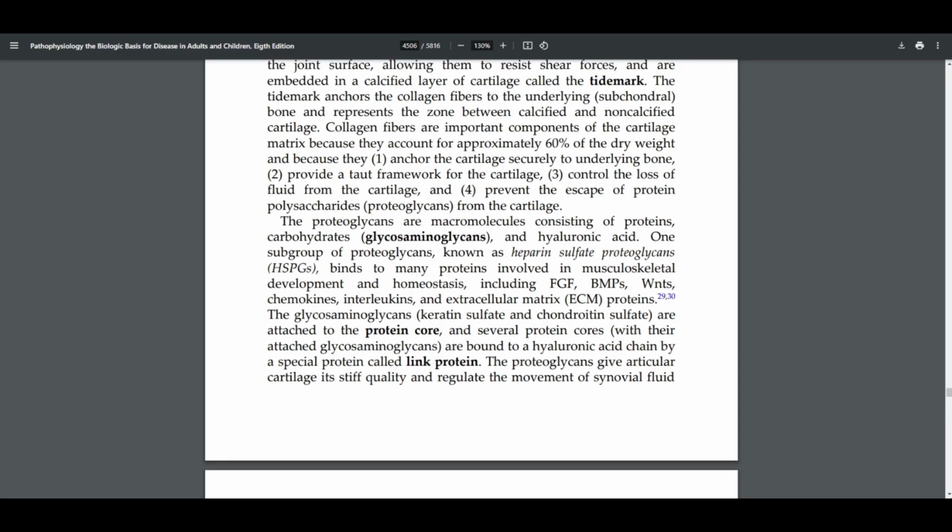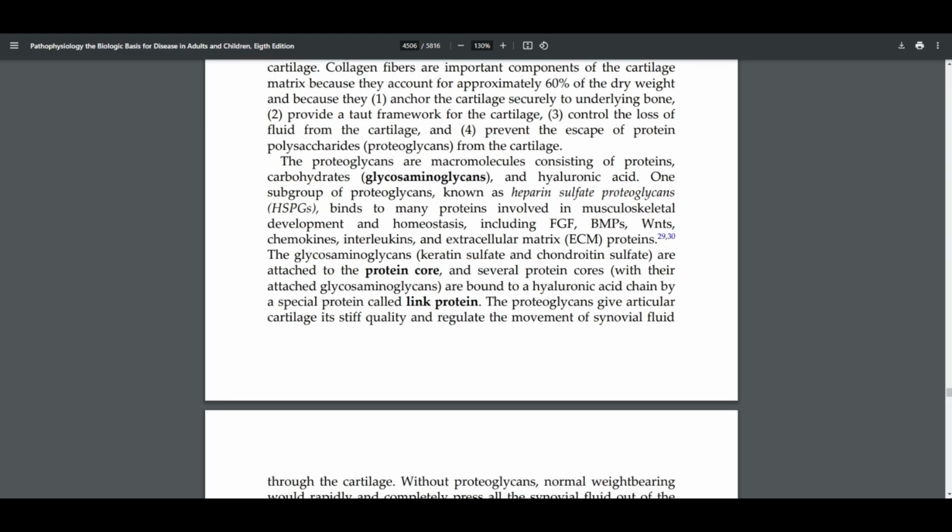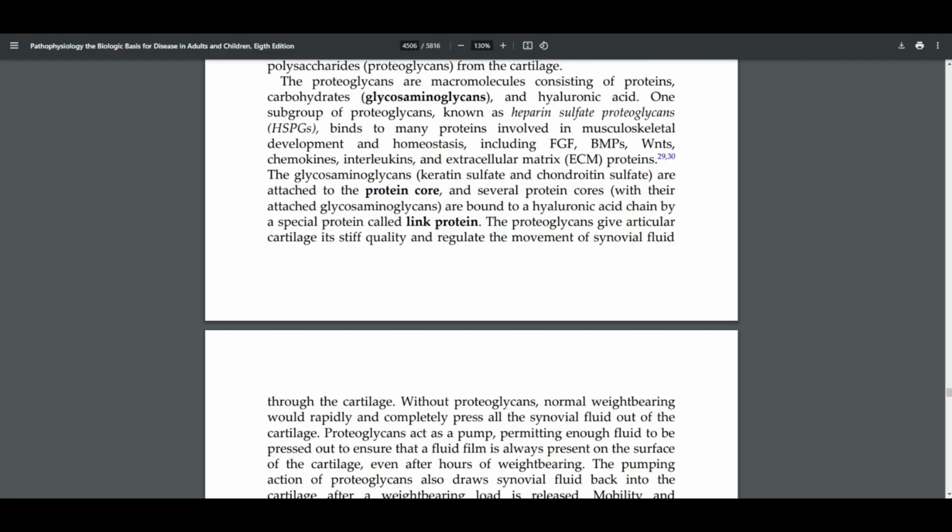The proteoglycans are macromolecules consisting of proteins, carbohydrates, and hyaluronic acid. One subgroup of proteoglycans, known as the heparan sulfate proteoglycans, binds to many proteins involved in musculoskeletal development and homeostasis, including FGF, BMPs, WNTs, chemokines, interleukins, and extracellular matrix proteins.